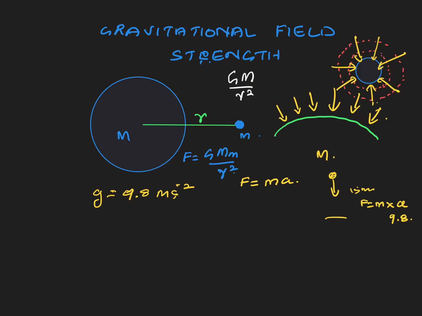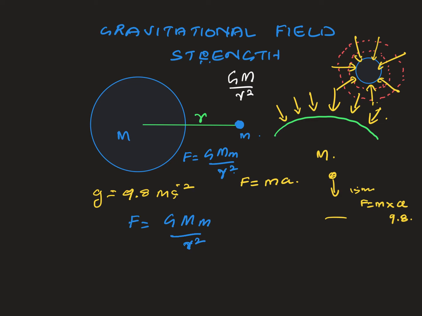Okay, so gravitational field strength is defined as the force acting on 1 unit of mass. In this case, we are talking about 1 kilogram of mass. So if we write it down here, the force acting between those two masses equals G m over r squared.